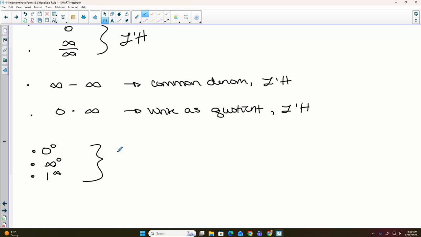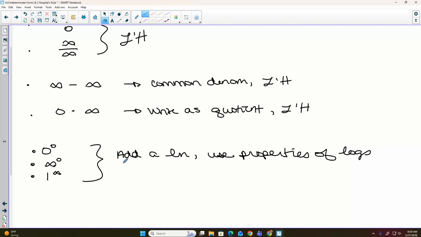What we're going to do is add a log, use the properties of logs to simplify, and then we will be able to do L'Hopital's.